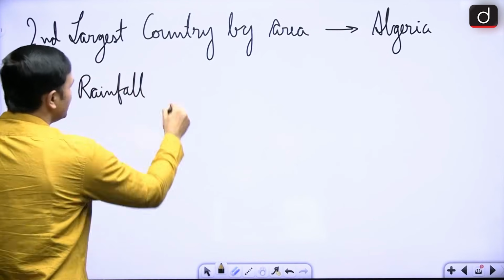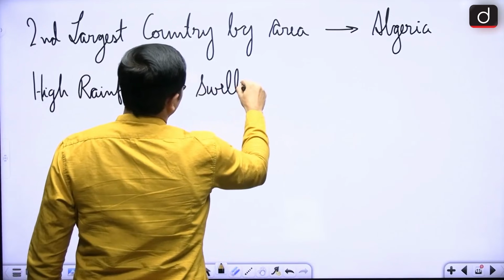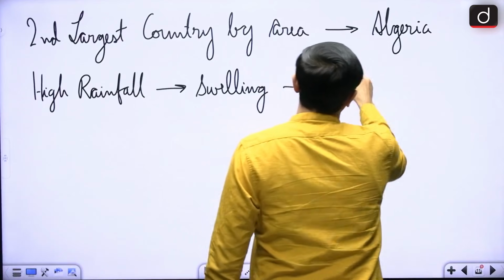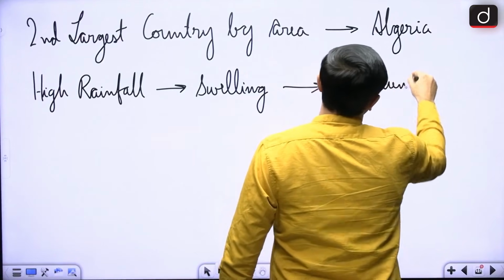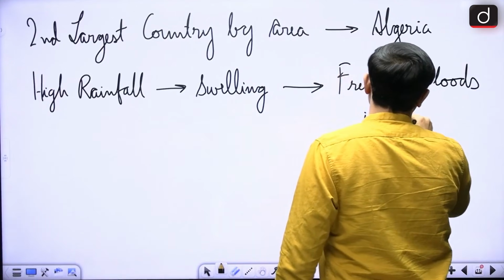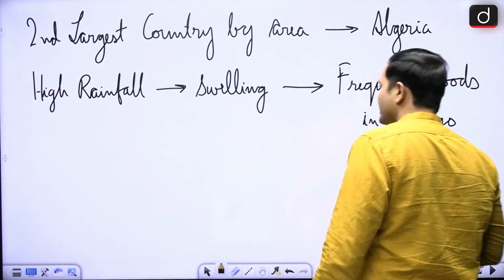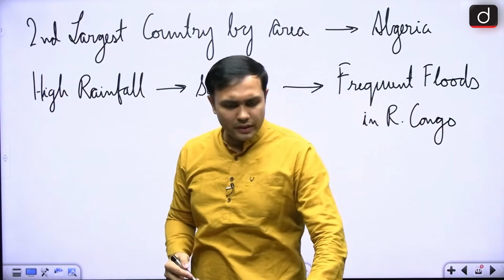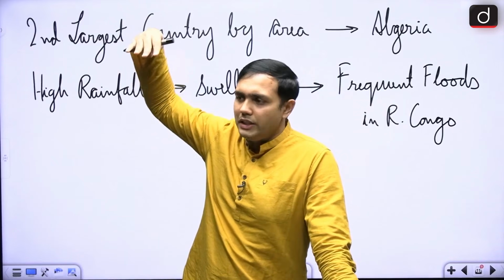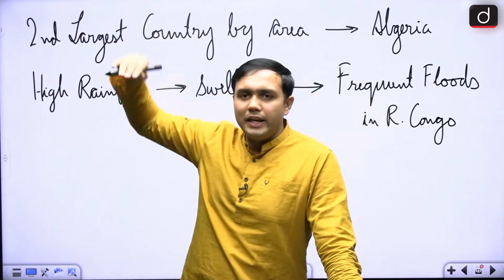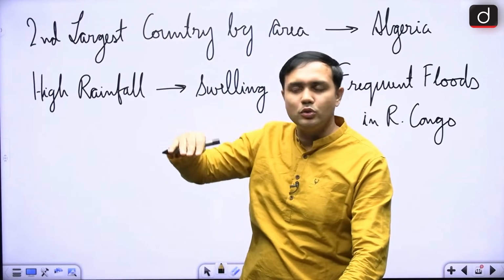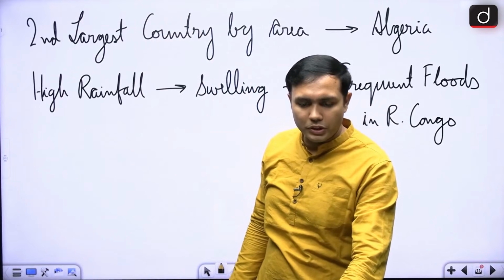So that will lead to the swelling of the river, and that will lead to frequent floods in River Congo. So that will create a lot of havoc for the people who are living in this particular region, especially why? Because from the eastern regions where it flows from, it is having some height. There is a steep gradient there, right? As it runs off, there is a lot of flood potential.